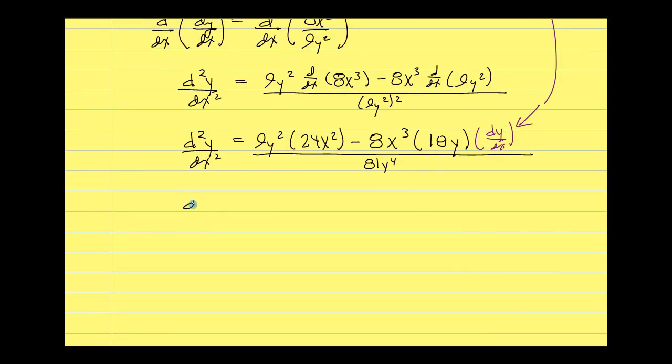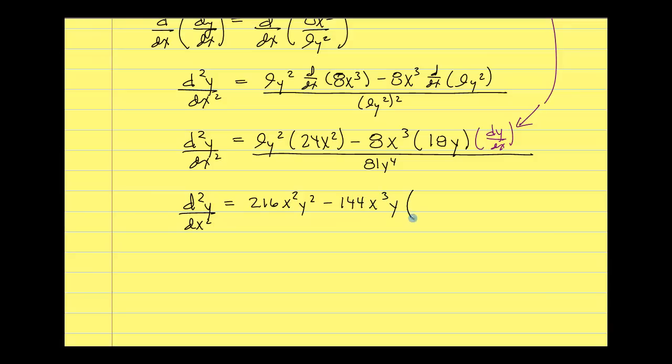and I end up with d squared y dx squared equals, looks like we have to grab a calculator here, 24 times 9 times x squared y squared. So we have 24 times 9 is equal to 216 x squared y squared minus, we have 18 times 8, 144 x cubed y.